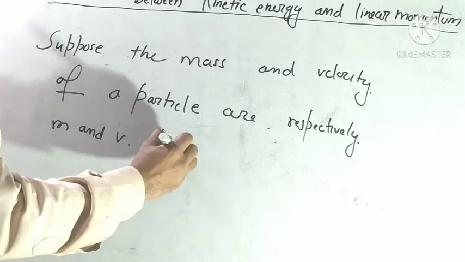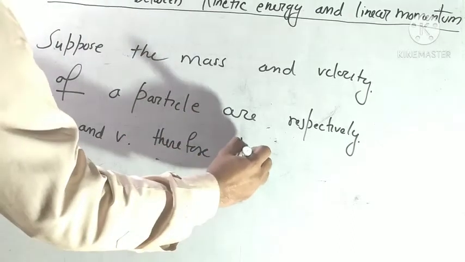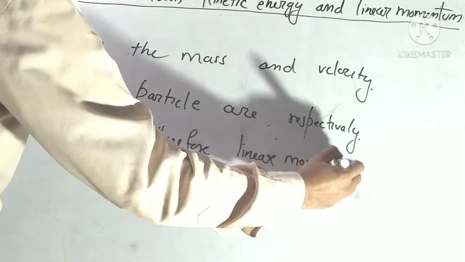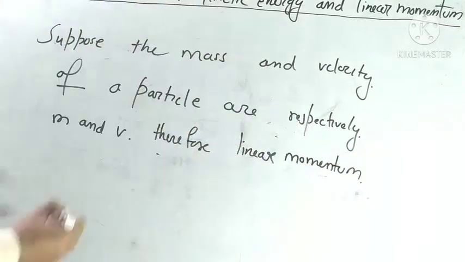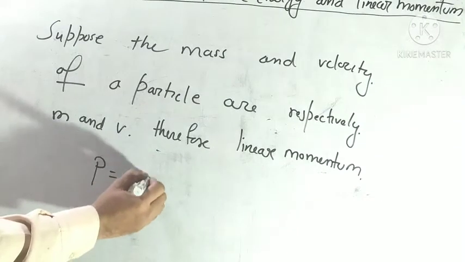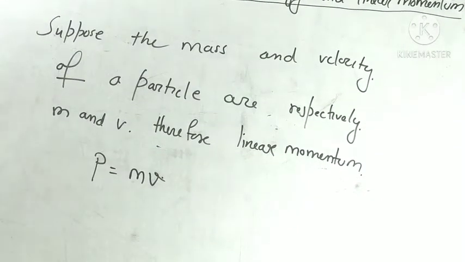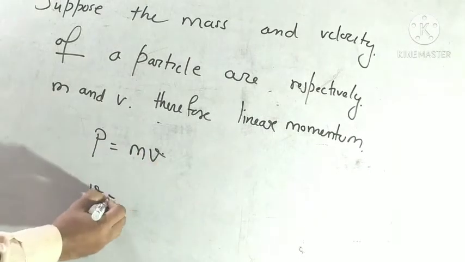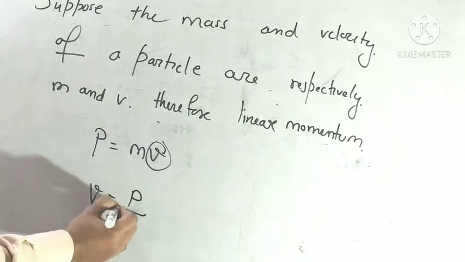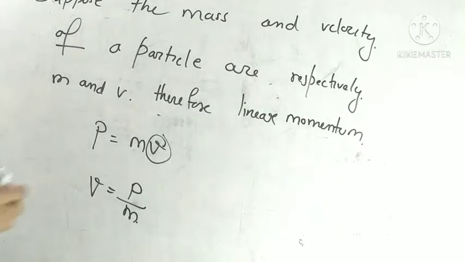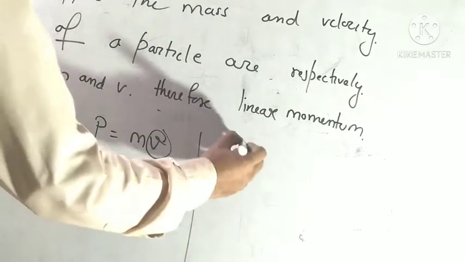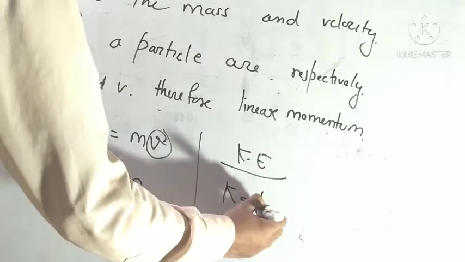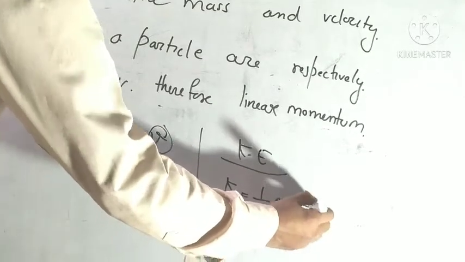Therefore, what will be the linear momentum? We already know it is mass into velocity, p equals mv, and v is equal to p upon m. And we already know that the formula of kinetic energy is K equals half mv square.